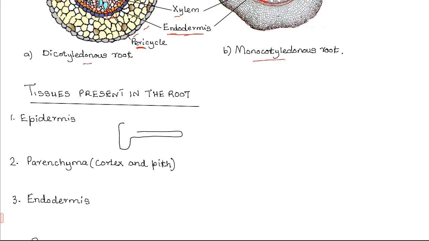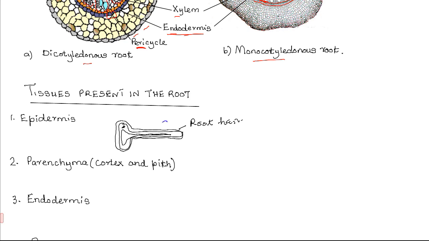Root hair cells have an extension known as the root hair. Now, the root hair greatly increases the surface area for absorption of water and mineral salts into the plant.